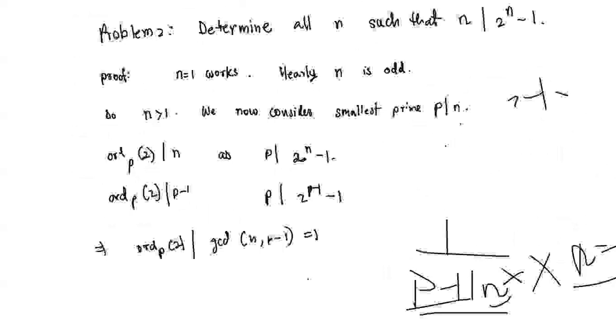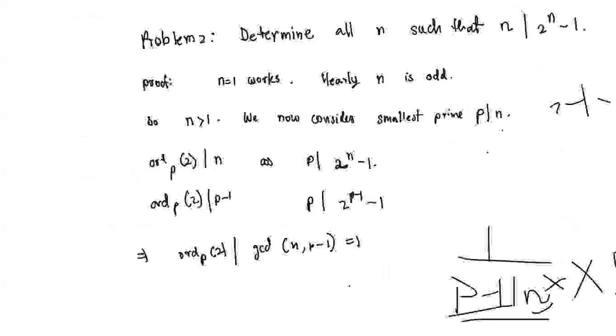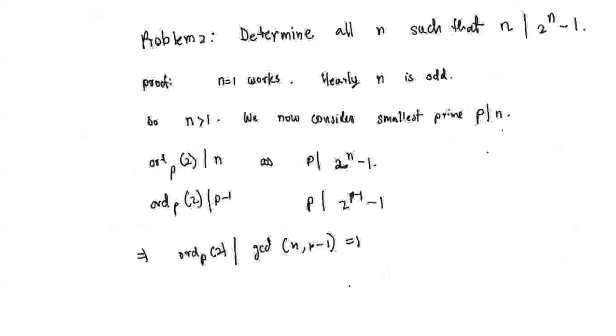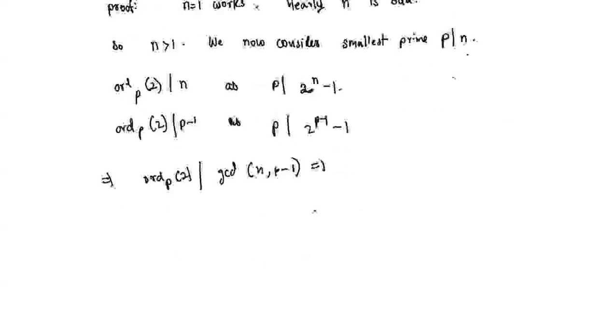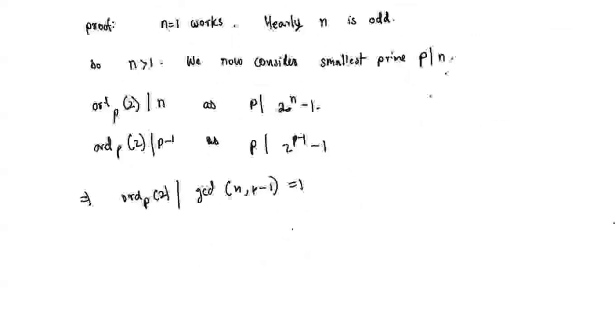And so by definition, the order of 2 mod p divides n, and the order of 2 mod p divides p minus 1, because we have these two satisfied. So the order of 2 mod p divides the GCD of n and p minus 1, which is 1. It has to be 1.